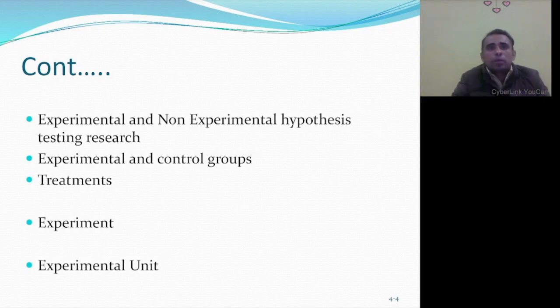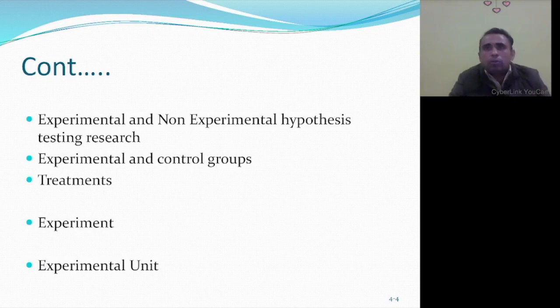So next term is experimental and control groups. In experimental hypothesis testing research, when a group is exposed to usual conditions, it is termed a control group. But when a group is exposed to some novel or special condition, it is termed an experimental group.